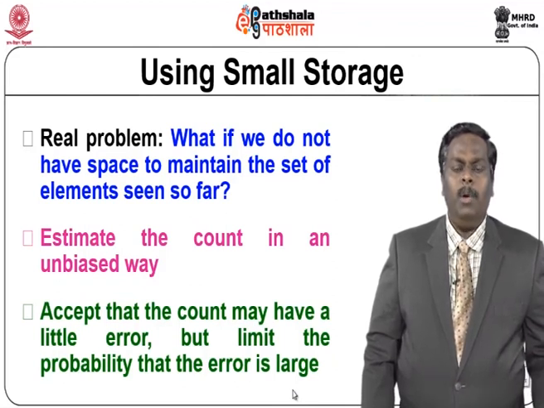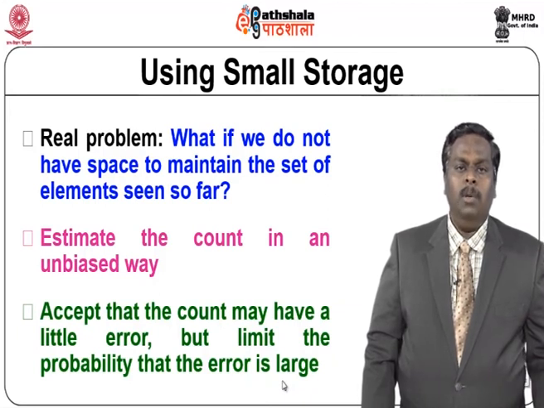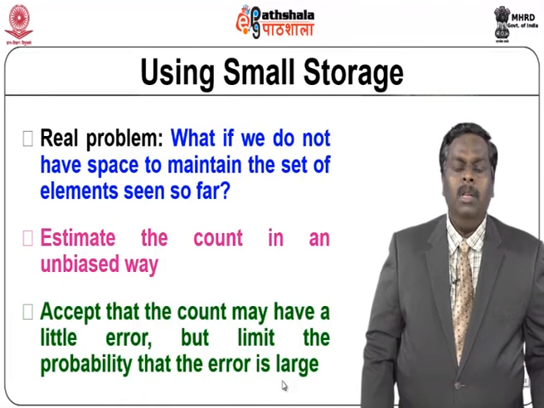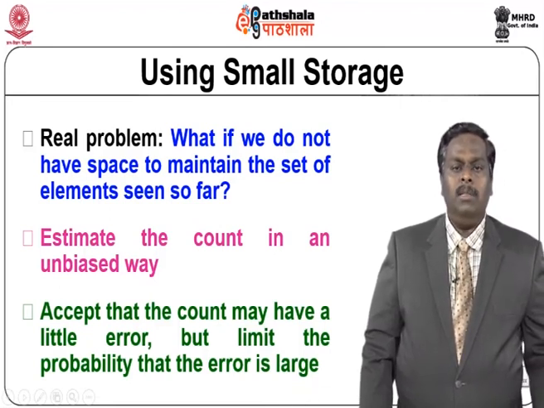Now, what may be the problem? The problem when we deal with a data stream is storage. We always have a small storage in the main memory for the purpose of handling the data stream. Suppose we do not have enough memory to maintain the set of elements seen so far, then counting distinct elements may result in a wrong value.